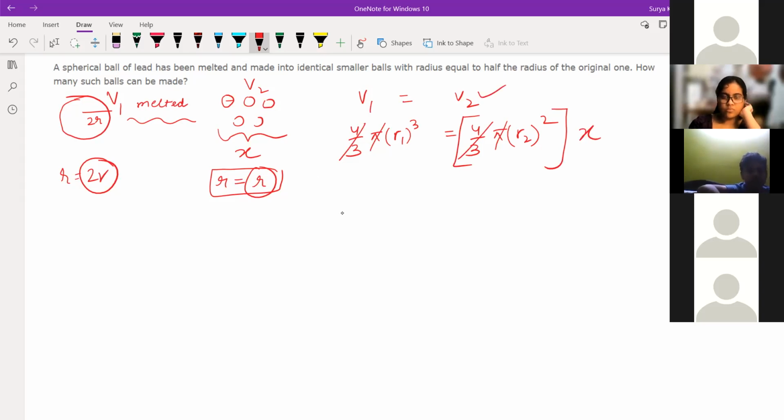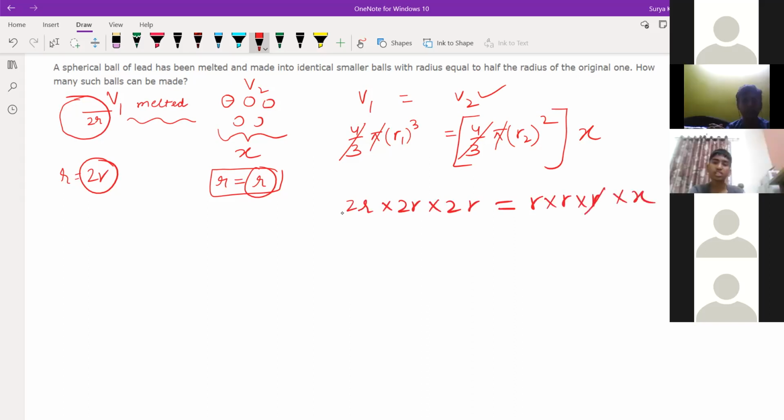Volume of the bigger spherical ball is nothing but equal to X number of smaller balls. So R1 cube, we can write 2R into 2R into 2R, is equal to X times R cube. So X is equal to 8 numbers.